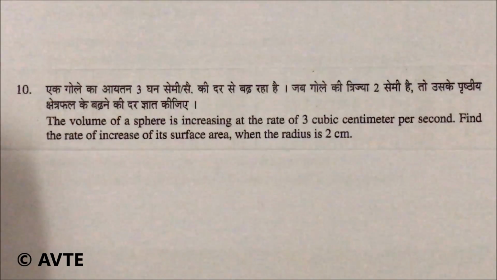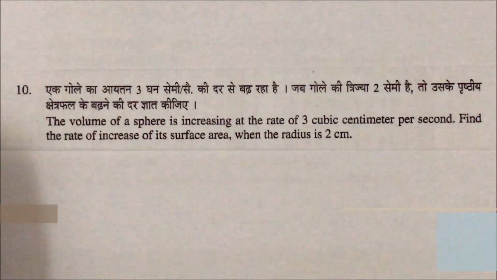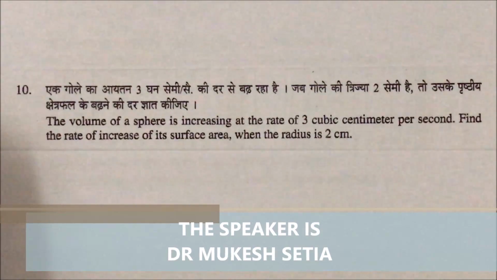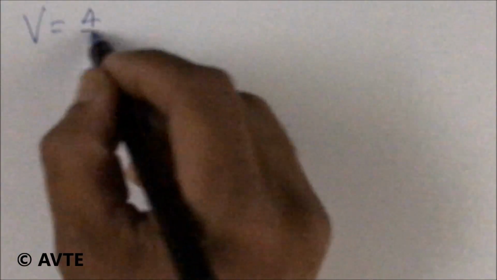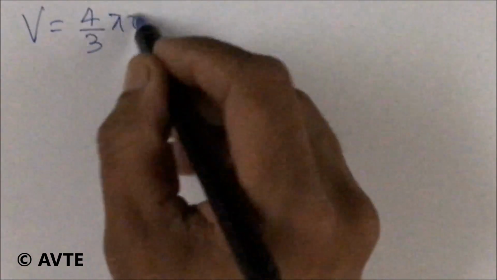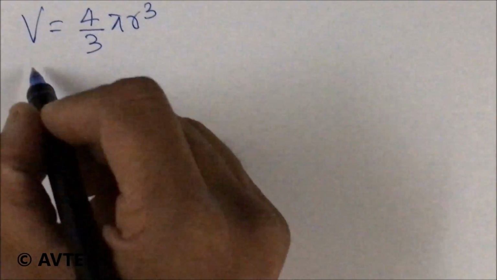So we also have to connect dr by dt, that is the rate of change of radius. So let's start. We know that volume of a sphere is... and differentiating with respect to time.